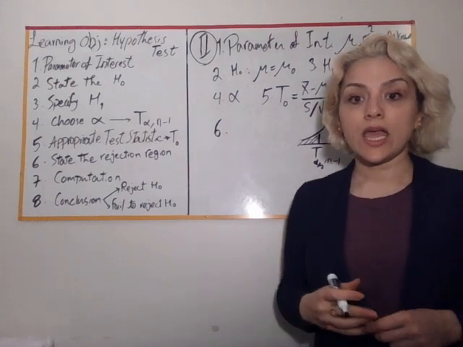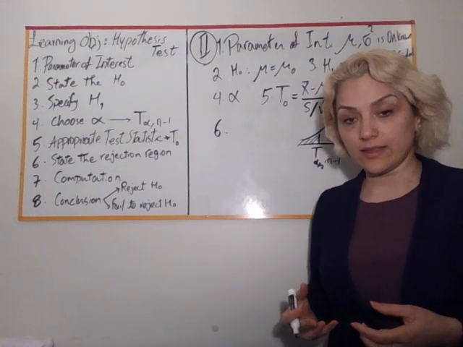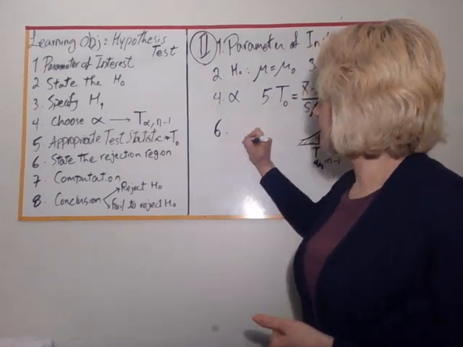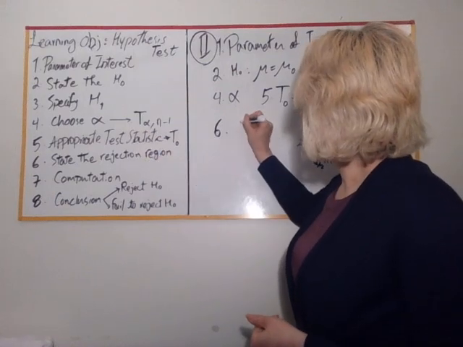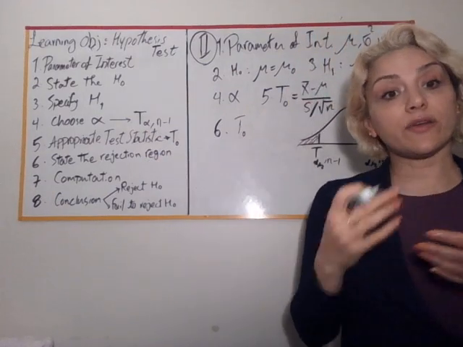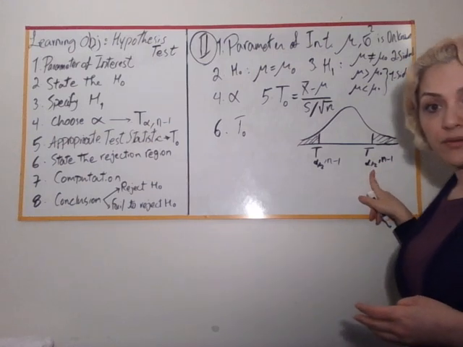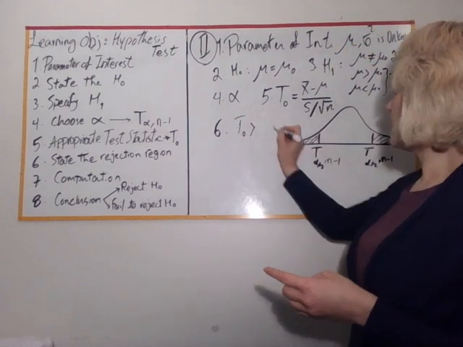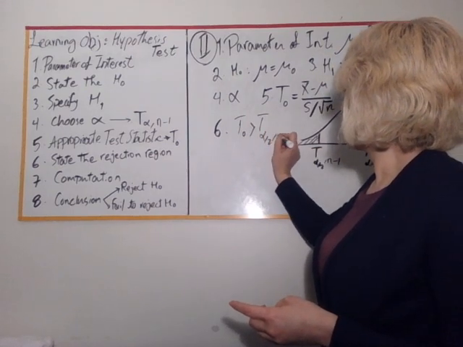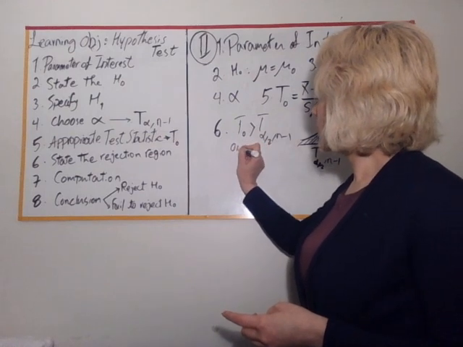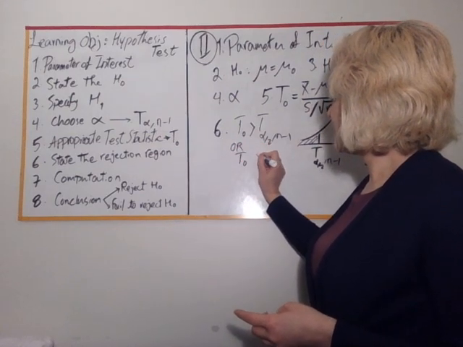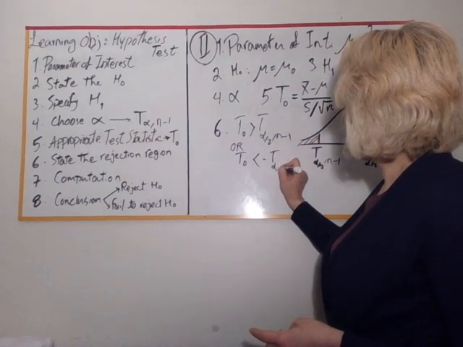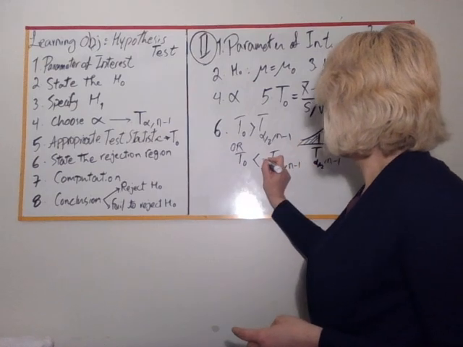So what I'm going to say is, if I have two-sided, for the rejection area, which is step 6, I would say if t null is greater than t half of the alpha, n minus 1, or if my t null is less than minus t half of the alpha, n minus 1, right?